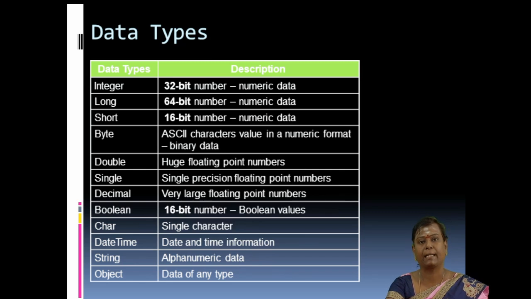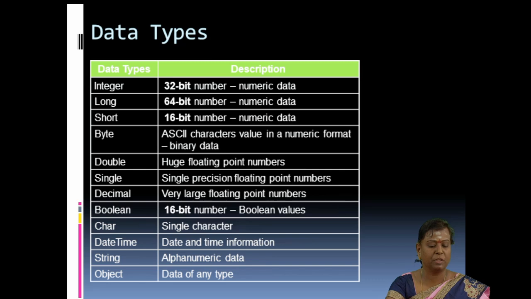Next, coming to character, that is a single character. It holds the value of only a single character. For example, the data type will be char. If you have declared the variable as a character, it can hold a value of A, B, C or 1, 2, 3 inside single quotes. So, only a single character can be assigned.